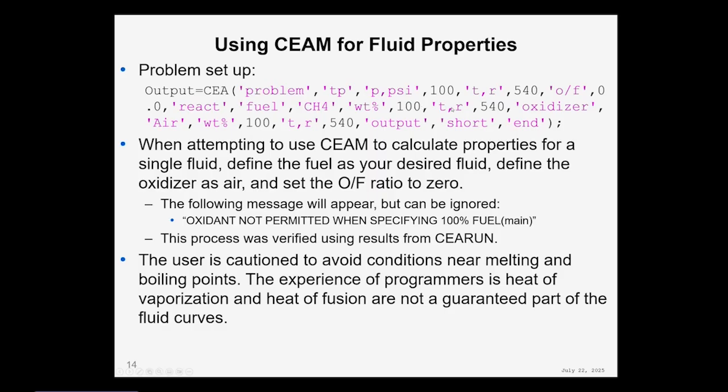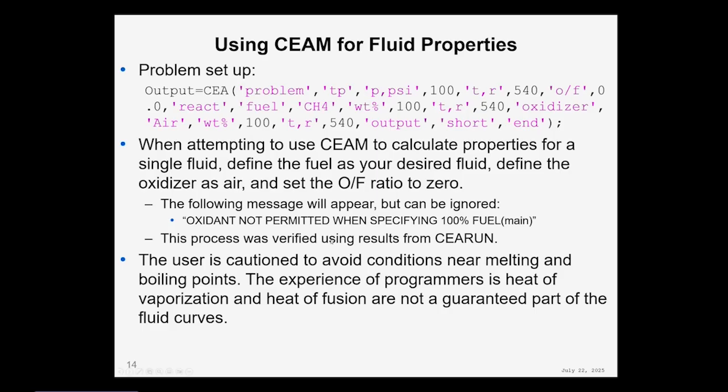Now this is with this reaction with no oxygen, CEAM will return the properties of CH4 at the identified pressure and temperature. And so when attempting to do this, calculate the properties, set the O/F to 0, it'll get it. It'll say oxidant not permitted when specifying 100% fuel, but if I don't give it an oxidant, then it tends to crash. So we'll take the warning and ignore it.